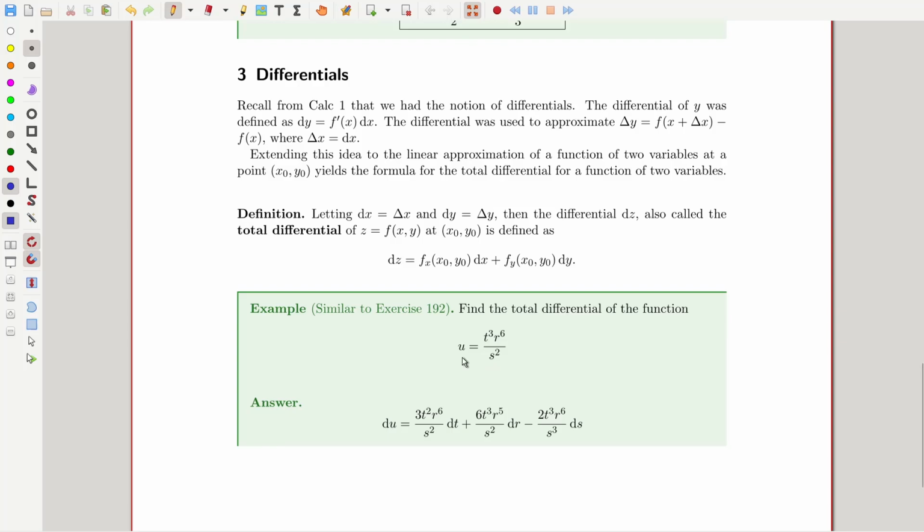You could view the function u as a function of t, r, and s. That's how you know that you would have three terms in your total differential. It's summing up all of the partial derivatives, basically. Summing up all of the individual partial derivatives that you could create.